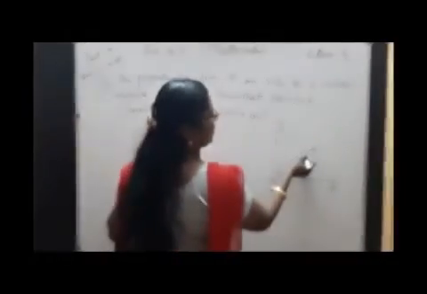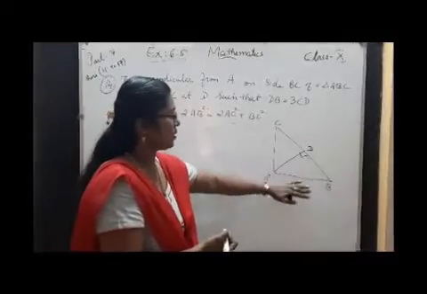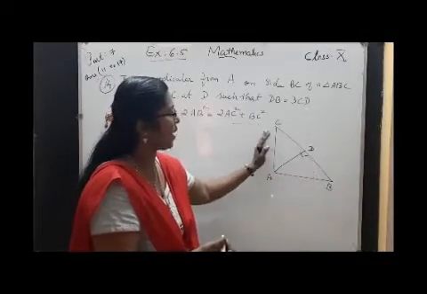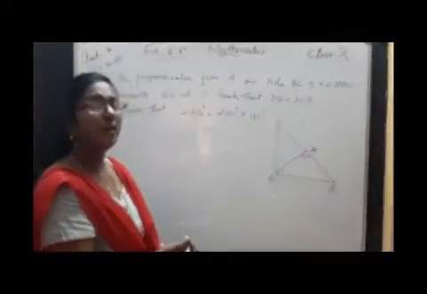This is perpendicular, that is 90 degrees. Construct two triangles. This is the hypotenuse of this triangle and this is the hypotenuse of this triangle, opposite to the 90 degrees.